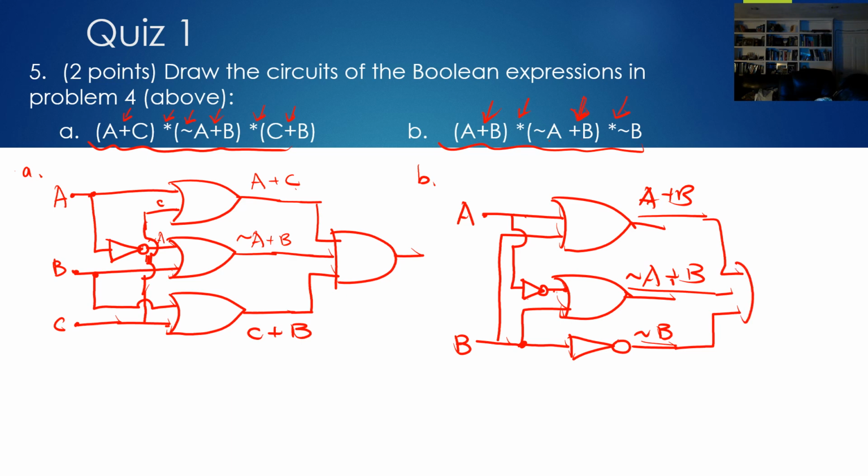Again, it's a 3 input AND gate. Okay, so that's the second circuit, for Boolean expression 4B.